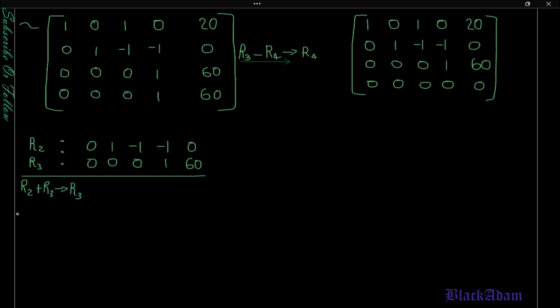All that we put in row 3, so that we have 0 0.